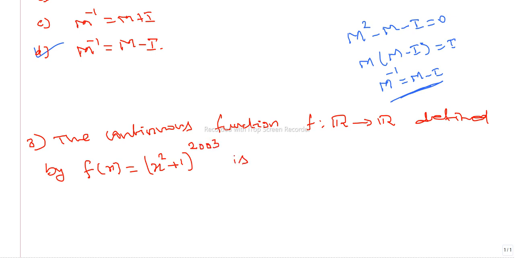Is it one-one, onto or not? The first option is onto but not one-one.